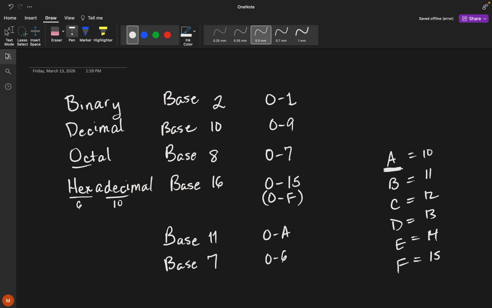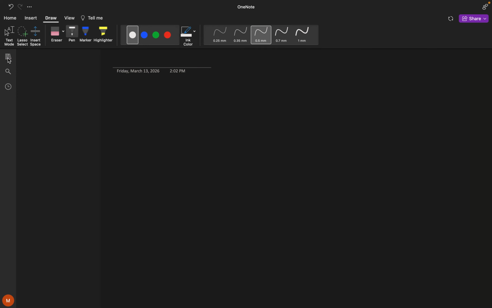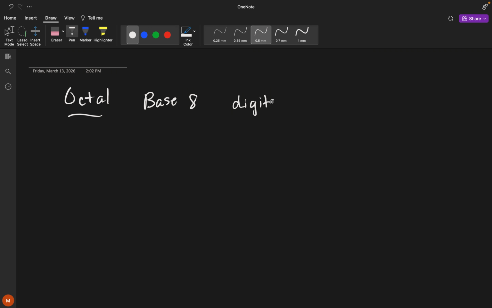So let's choose octal real quick. The octal number system is base 8, and it has digits 0 through 7.